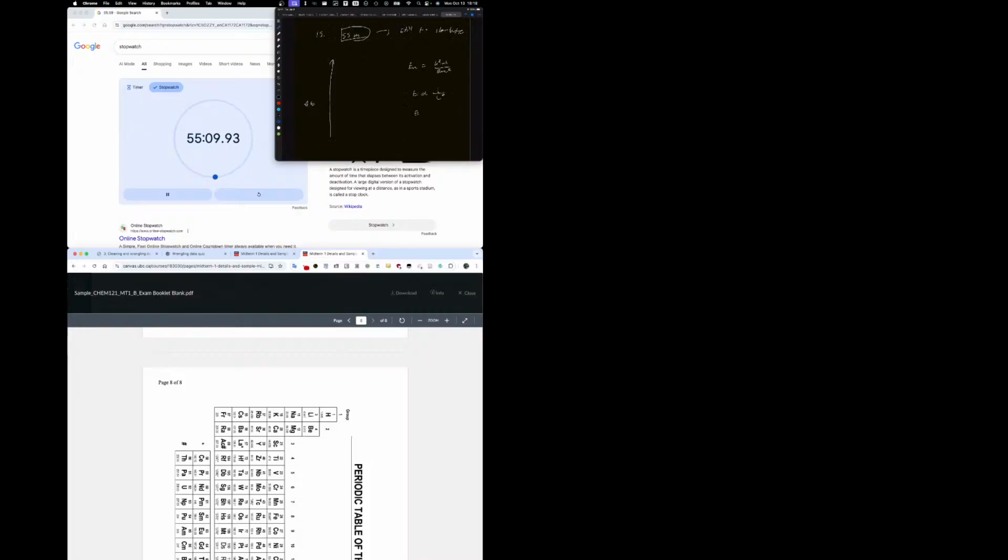So E up, L squared goes down, right? So 1 is the longest box, right? Because it's inverse proportion. So as energy goes up, then that one has to go down. So A equals box 1.